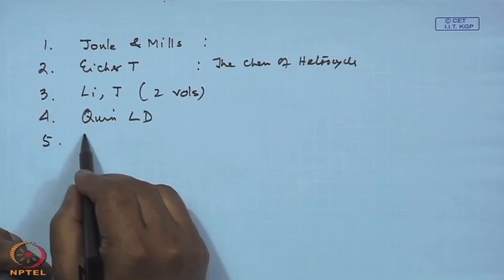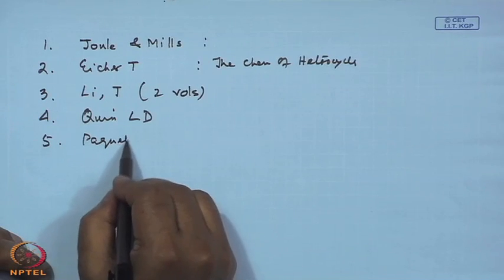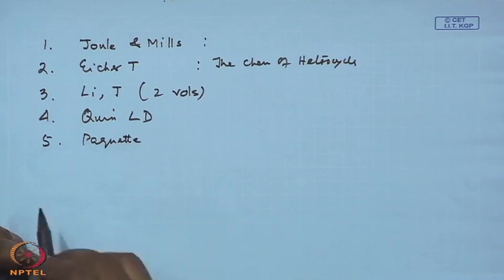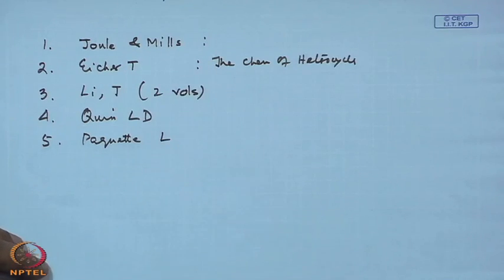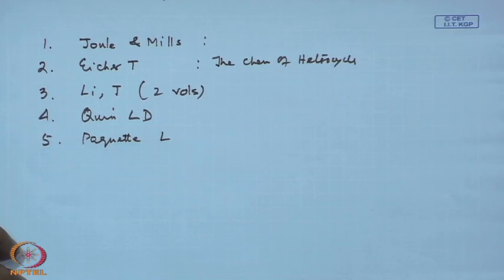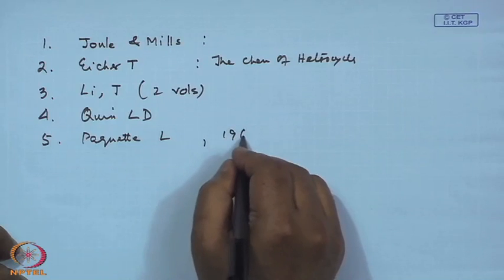Then there is a book by Acheson, any idea? Okay. Acheson's book. Then this book could be a very useful one: Paquette. Leo Paquette is a pretty famous organic chemist, and he wrote this book long back in 1968, but I like this book.